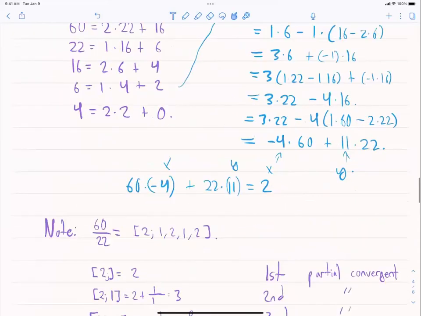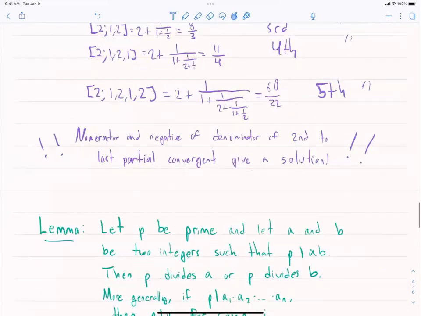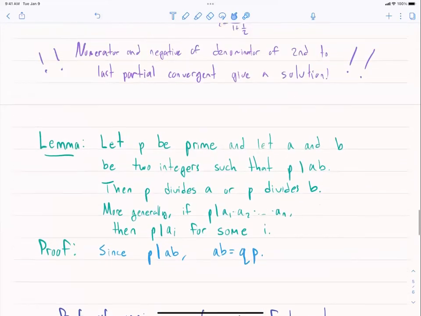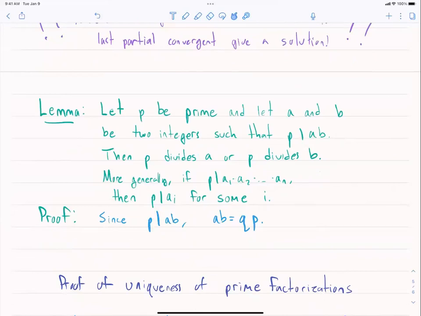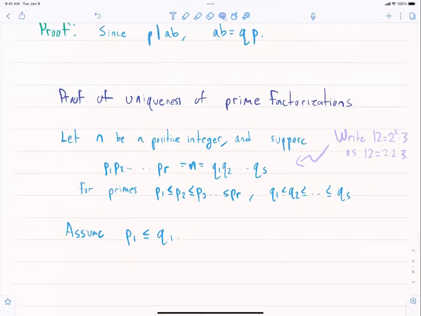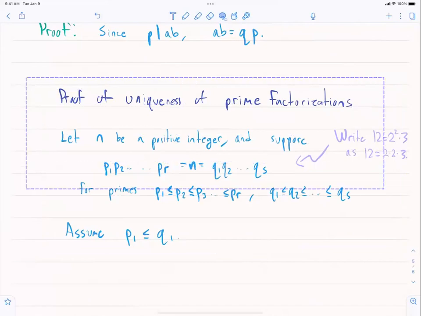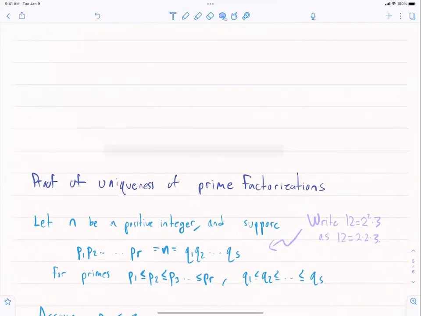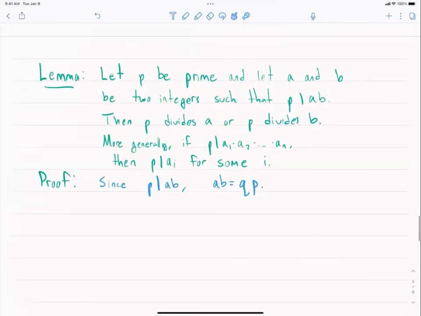It gets used to prove a lemma. I'm going to make some room for this. Sorry about that. Okay, so now I have room to prove this lemma.